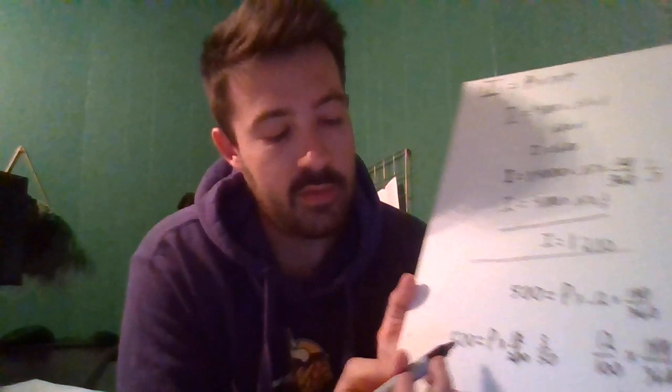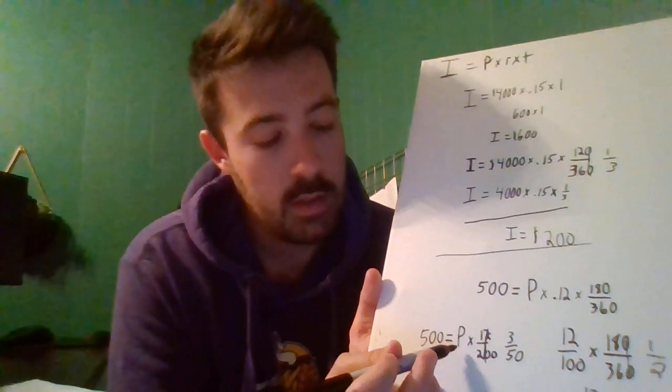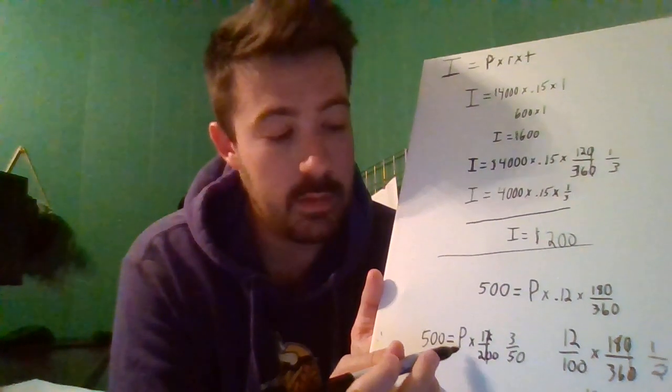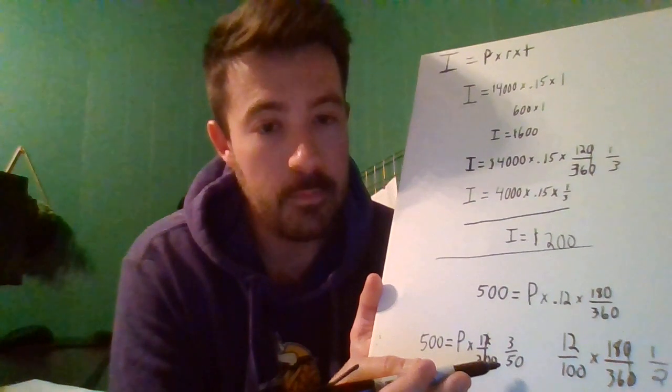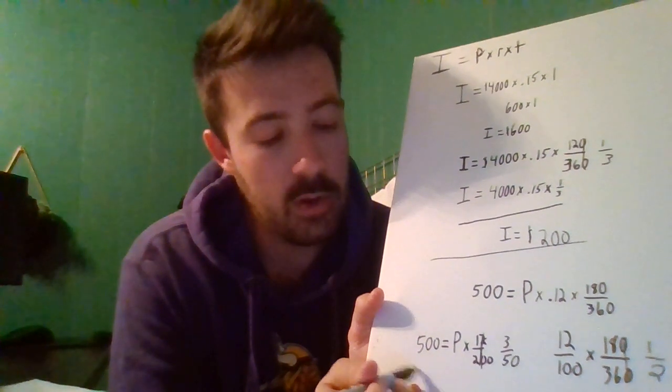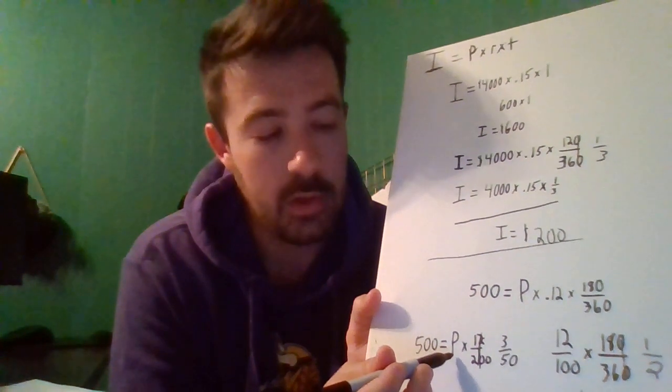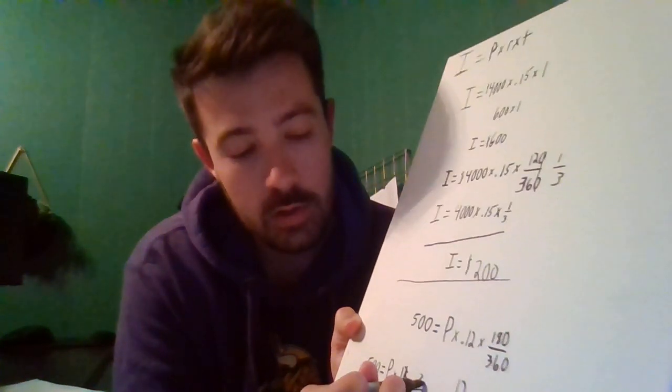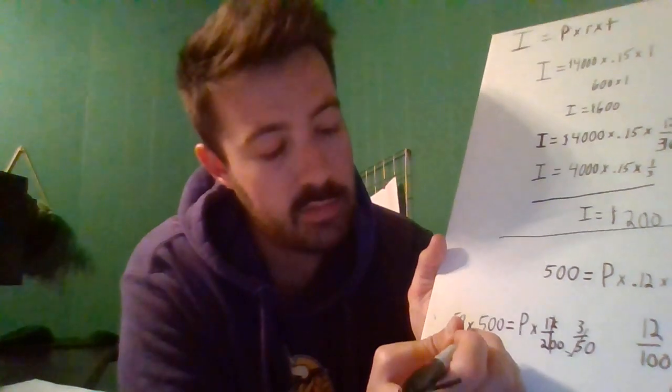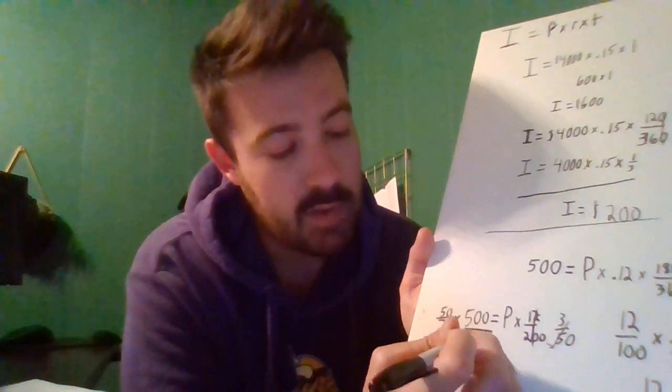So now we have the 500, the interest, equals the principal, which we're trying to find, times 3/50. So now we'll take this 3/50 over to leave that variable on its own. We'll cross out, and then once we take the other side onto this 500, we'll flip it. We have 50 thirds there, and we'll take this 500 and have 500 over 1.